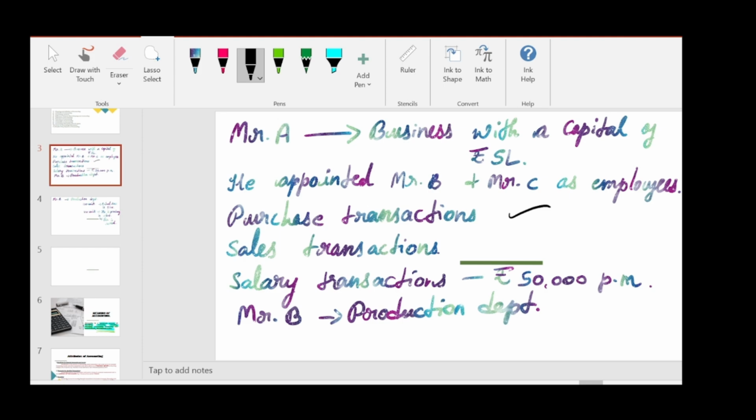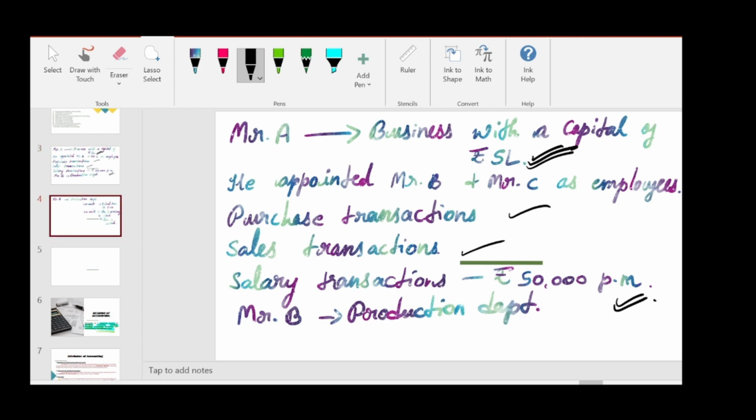We need to pay for whatever goods we buy. Then the sales transaction, where we get money. And we have capital: we have introduced capital of rupees 5 lakhs, so cash is also coming in. Capital is the amount with which we start the business. And we are paying salary.